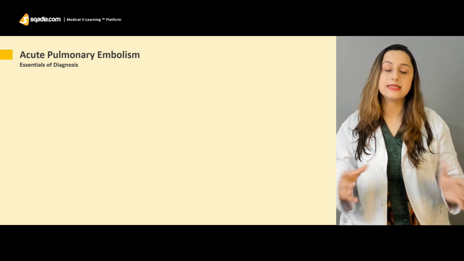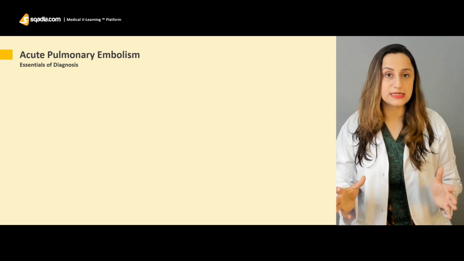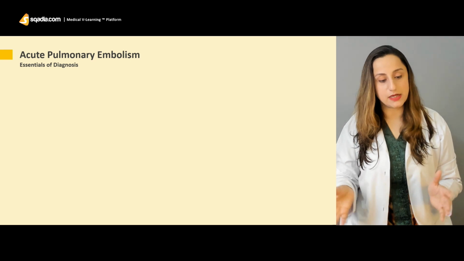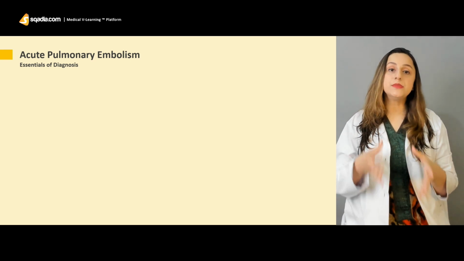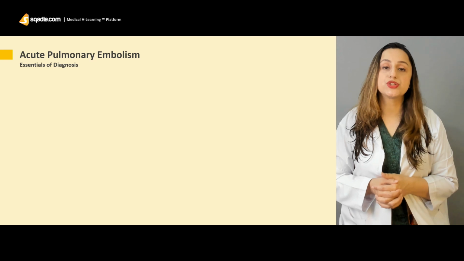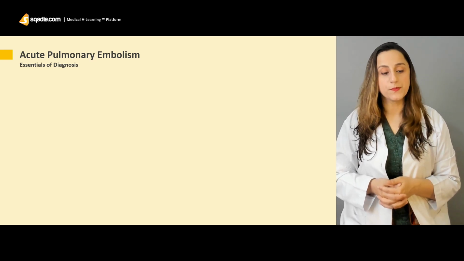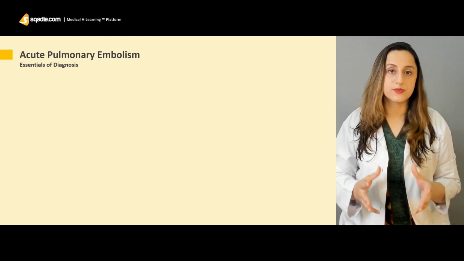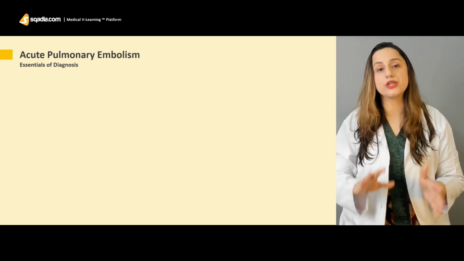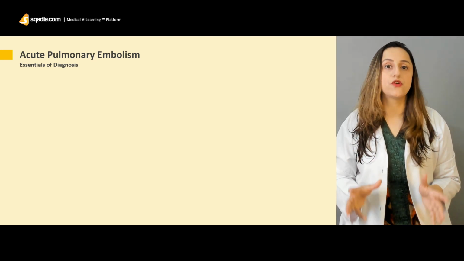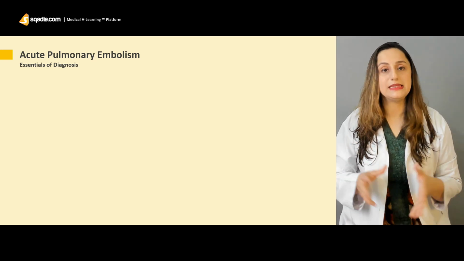So the set of whole symptoms that the patient is suffering from, along with the picture of hypoxemia. And then we have a pulmonary angiogram, which is quite diagnostic for these patients of pulmonary embolism. So these three features are going to sum up and make the essential diagnosis of pulmonary embolism in these patients.